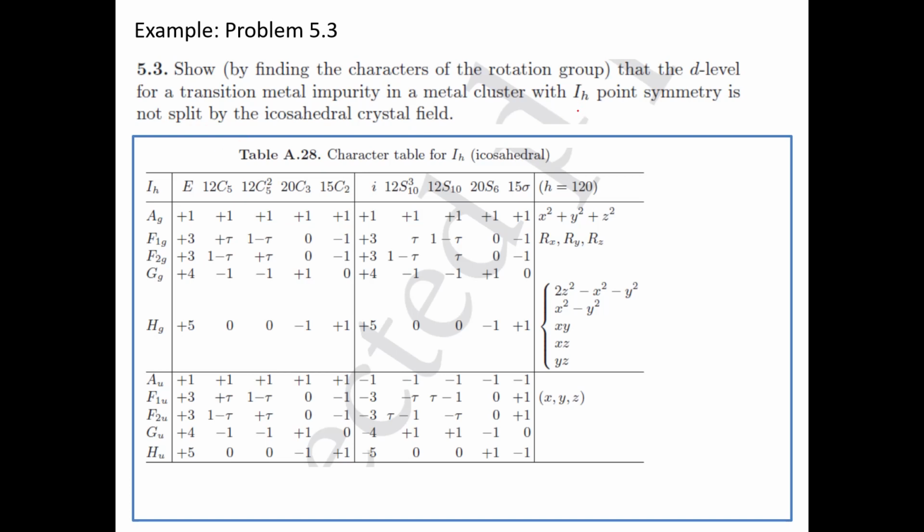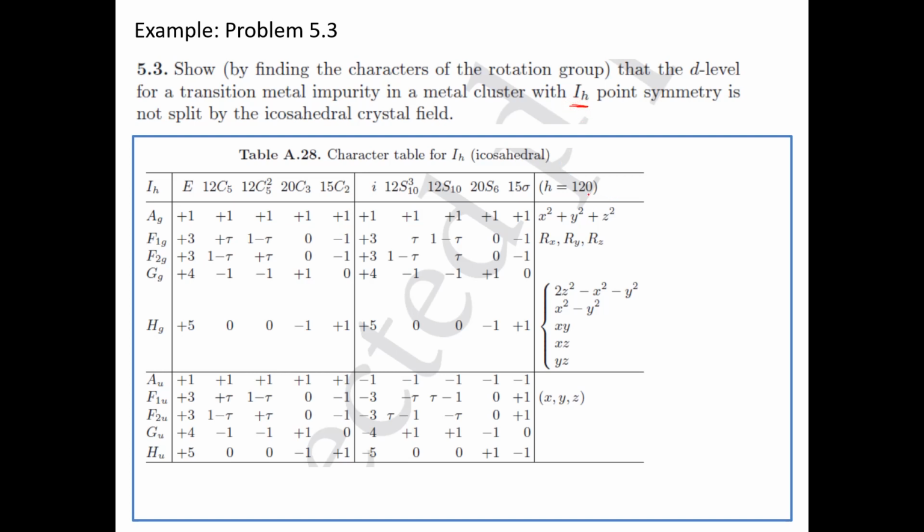This is similar to what we did in the previous lecture when we considered a D level impurity in a cubic symmetry, the O group. Now we are going to consider the IH group, which is a higher symmetry group.